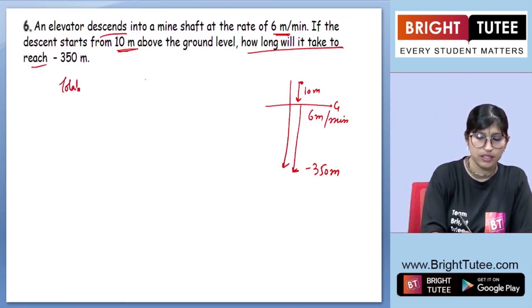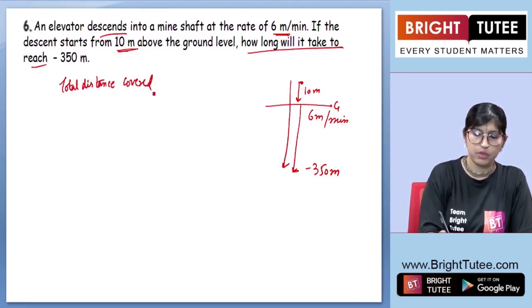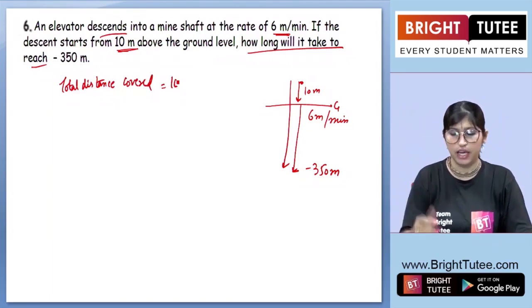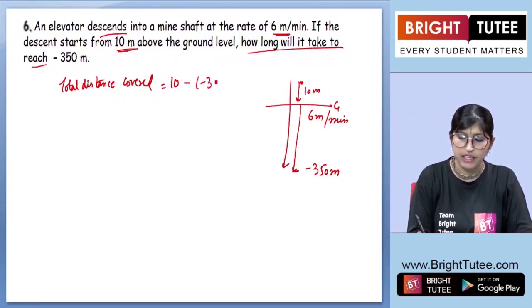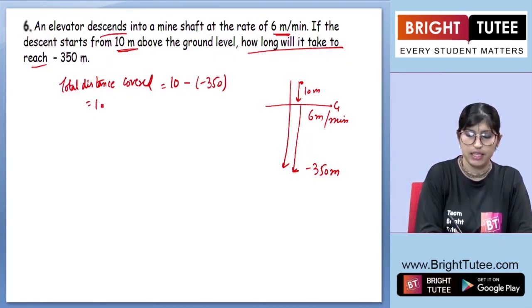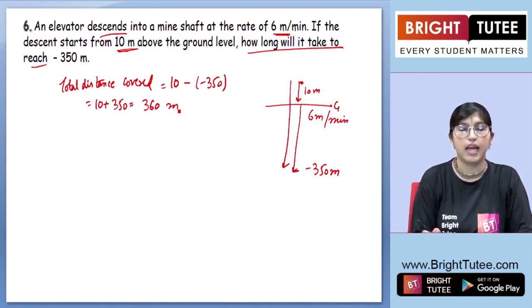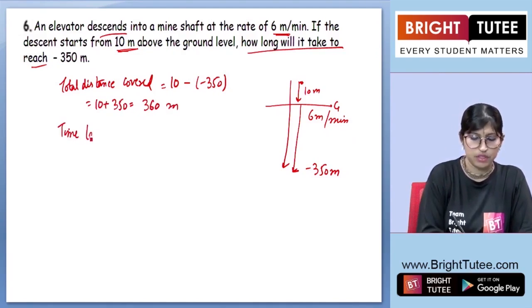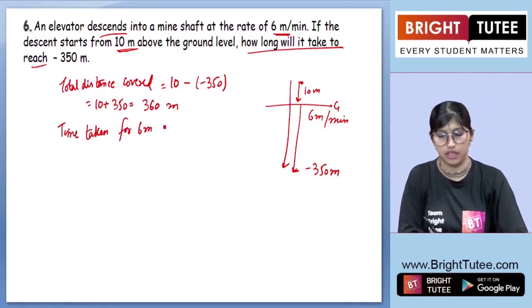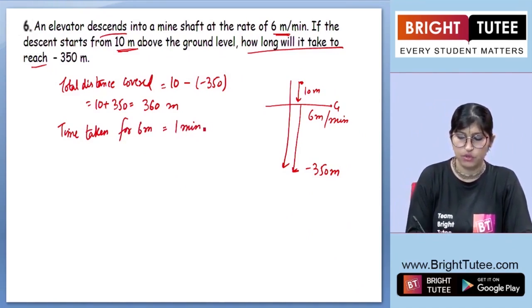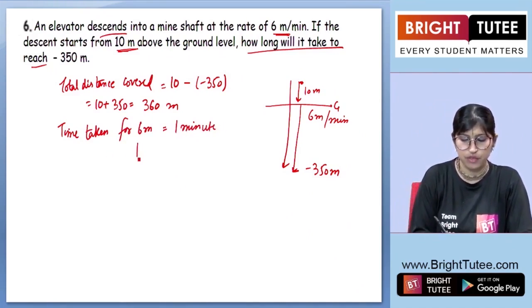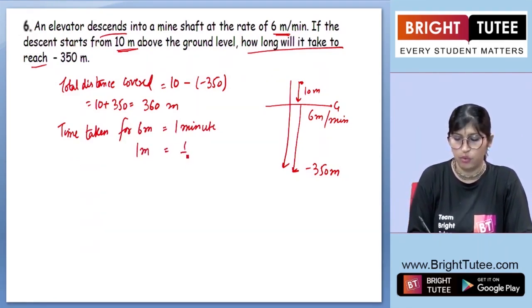So the total distance covered by the elevator will be 10 plus 350, since it's going down and down, that is 360 meters. Now, the time taken to travel 6 meters is 1 minute. So the time taken for traveling 1 meter is 1/6 minutes.